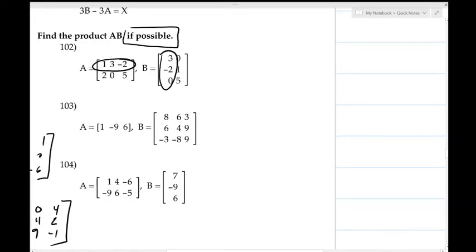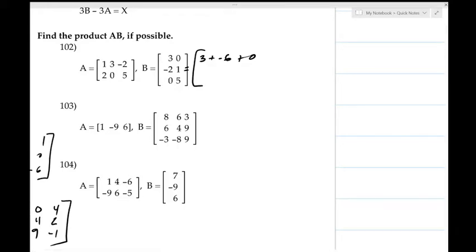So we'll get 3 times 1, which will be 3, 3 times negative 2, which will be negative 6, negative 2 times 0 will be 0. Okay, that is the first part of the product, or the first element.